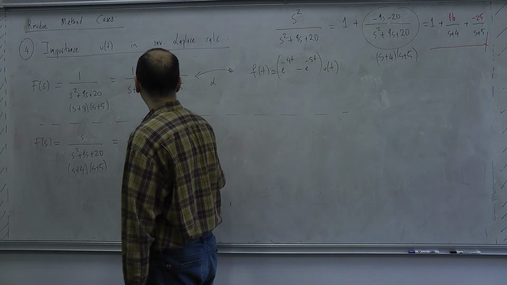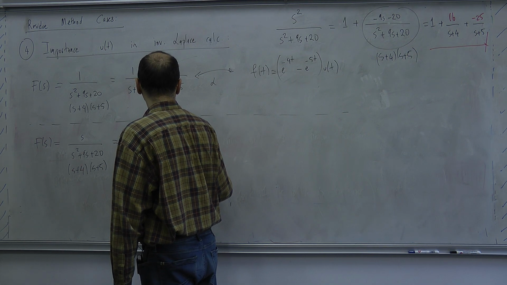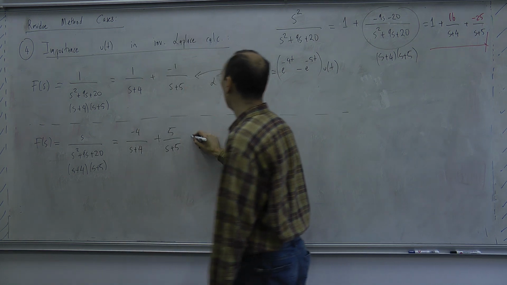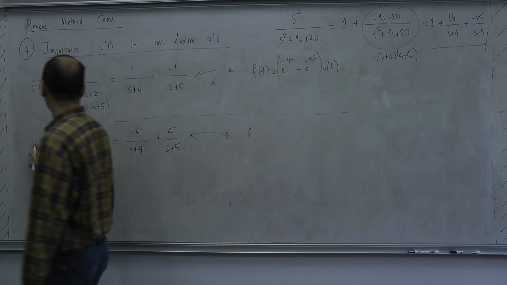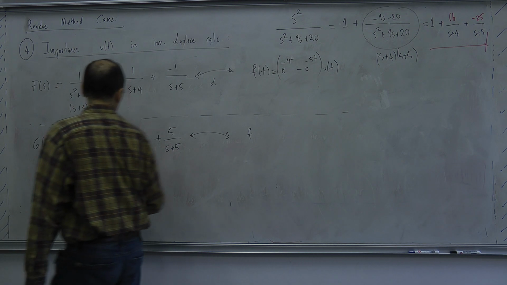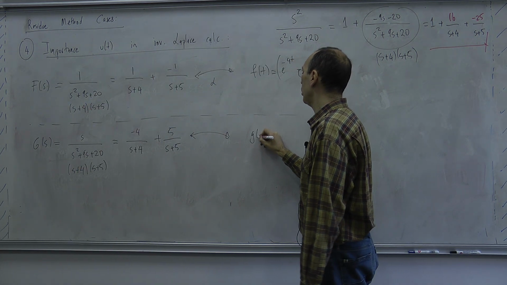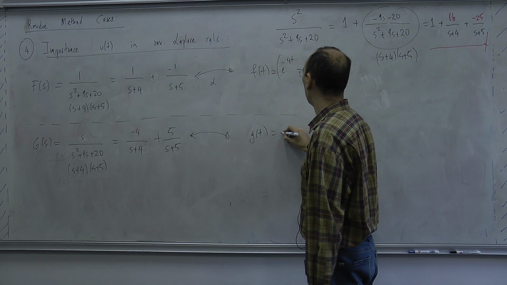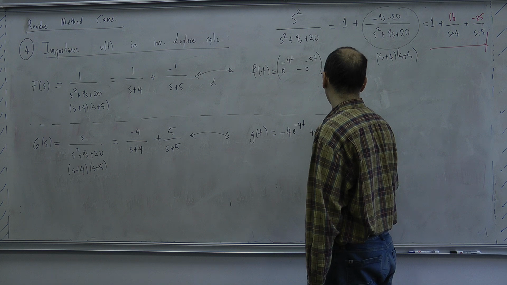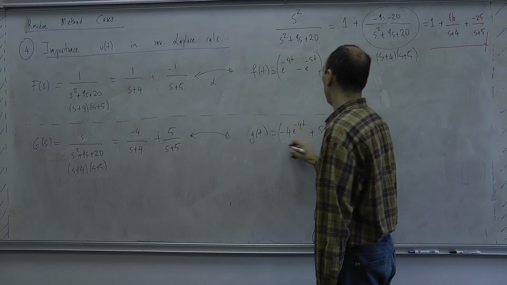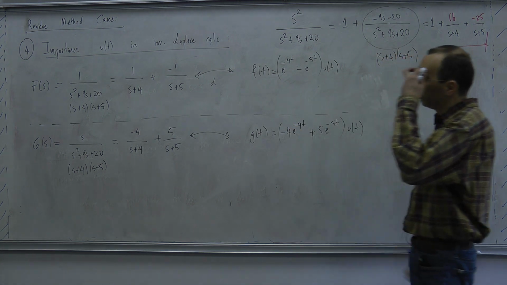So this one will be giving me 5 over s plus 5. So how about this? Now let me call this G, this is something different. G of t. So what is g of t? Minus 4 e to the minus 4t plus 5 e to the minus 5t, times u of t.